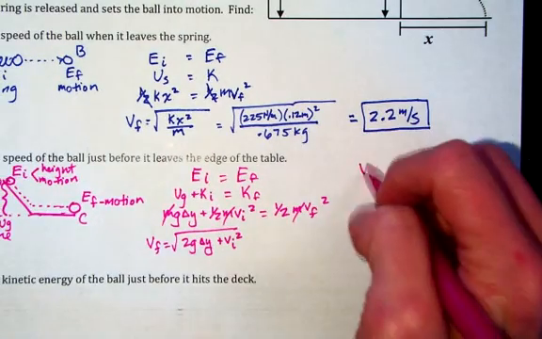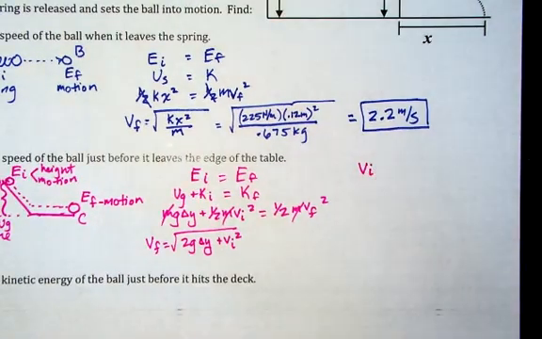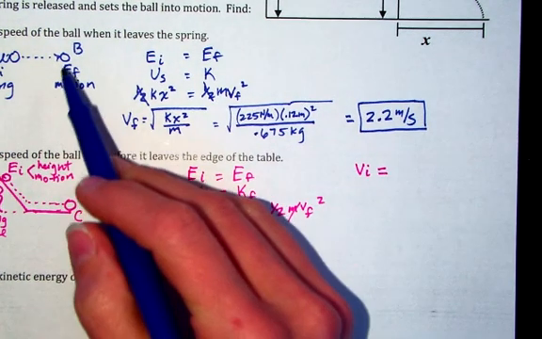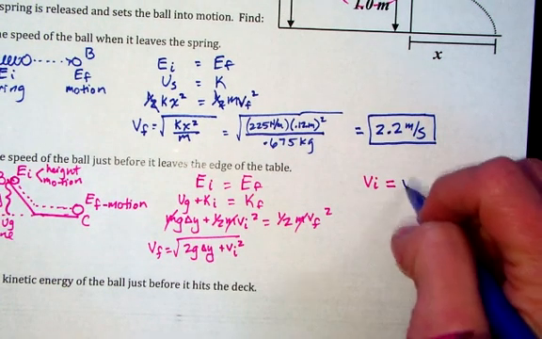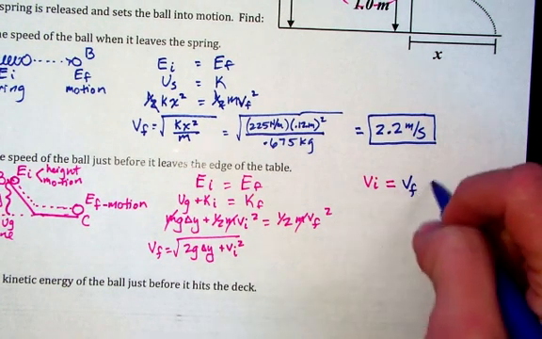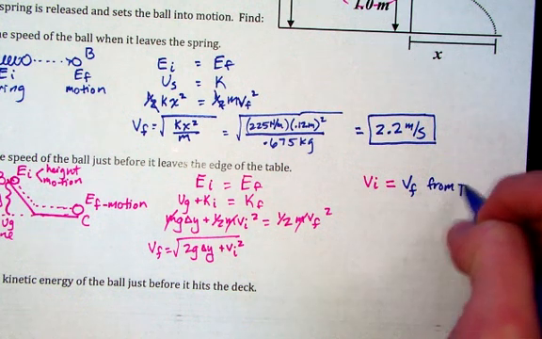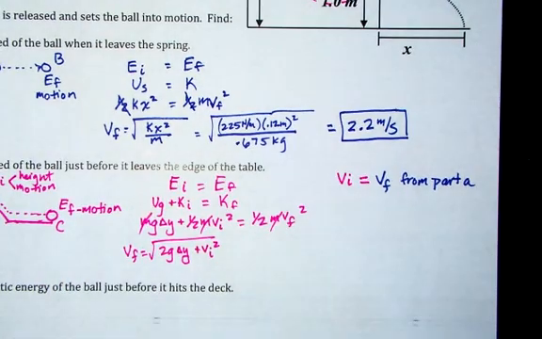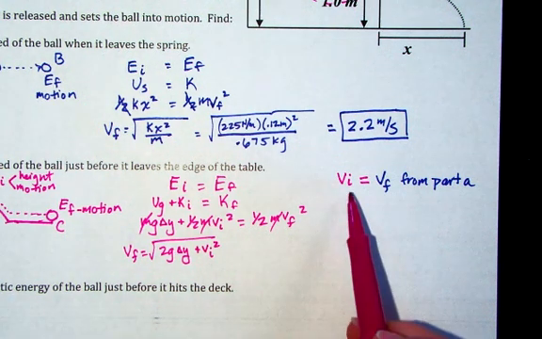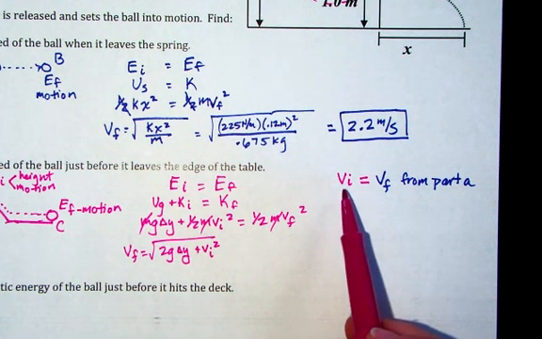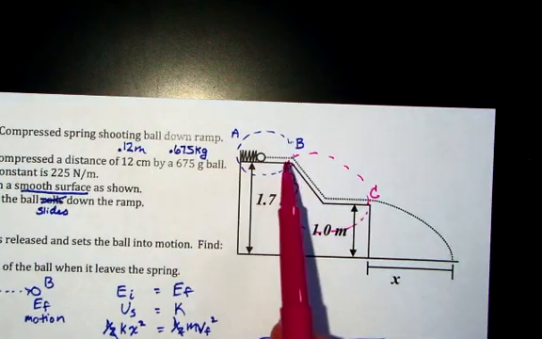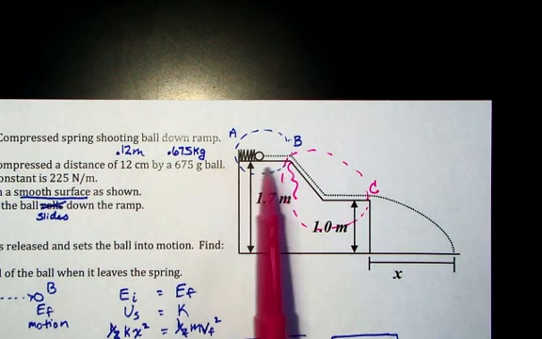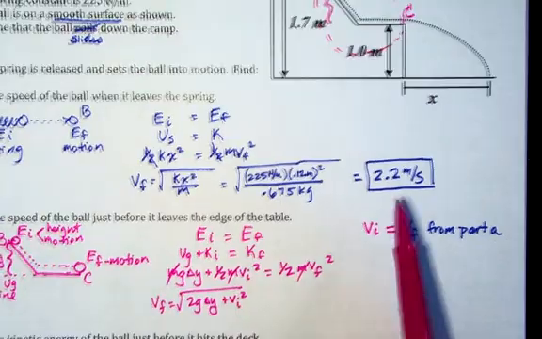2.2. So my initial velocity at B is equal to the final velocity at B from the piece before. So it equals the final velocity from part A. Okay? So this is the speed that the ball is moving initially, because that was my speed once I hit B here at the end of that spring and in motion. Okay, so this is 2.2.